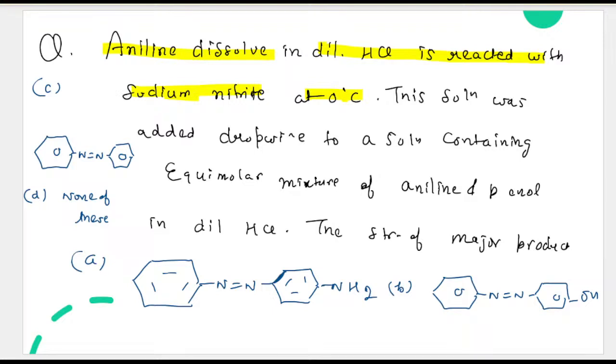Okay, Arul, I guess the problem is between option A and option B, right? Now let me go back again to our reaction. There are only two reactions. I told you that was an important part.